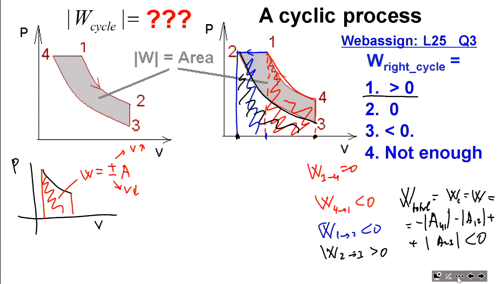Just from the picture. The easiest way, of course, to see it is to pick a very simple cycle like this, for example, and direct it in a way you like. Well, in my example, I have it directed counterclockwise.